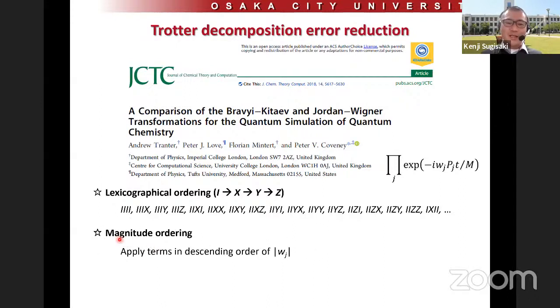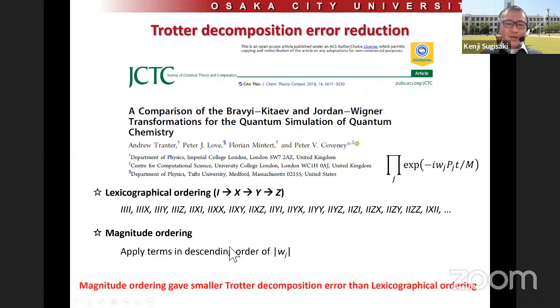By applying this kind of ordering, they found that the magnitude ordering has a smaller Trotter decomposition error than the lexicographical ordering. So it means that it's better to apply a term with a larger coefficient first and a smaller coefficient later.